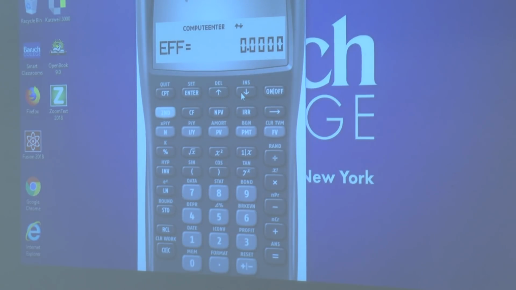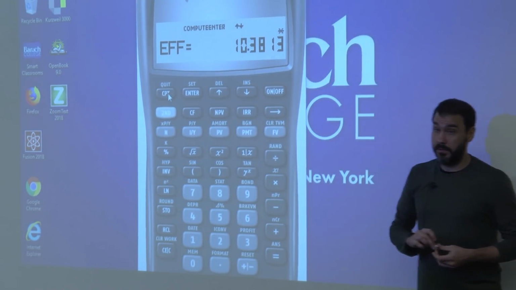Enter. Compounding period is 4. Enter. You want to compute the effective. And you get 10.38.